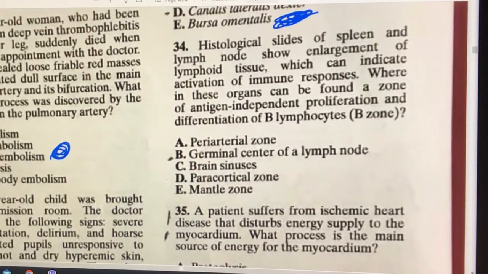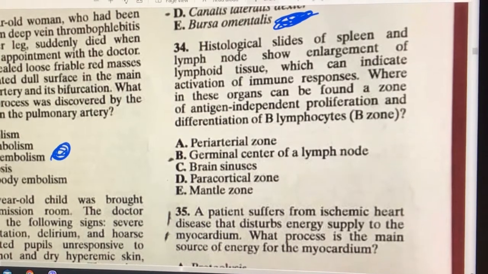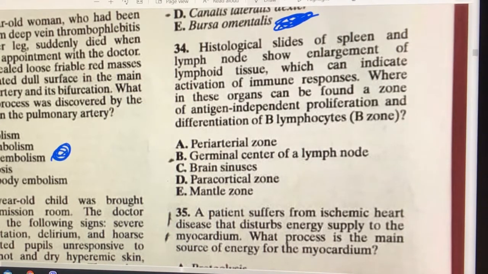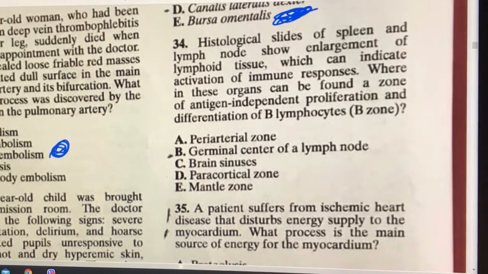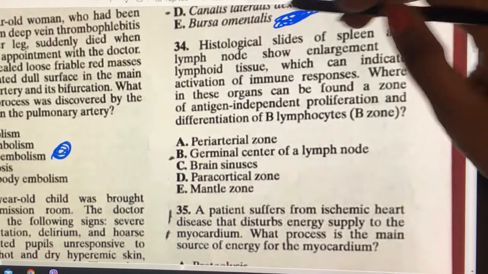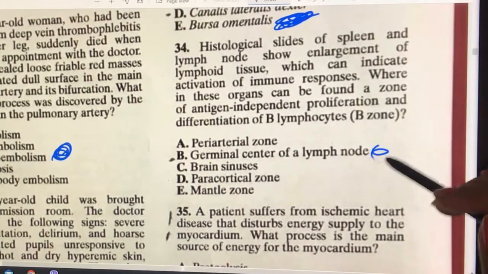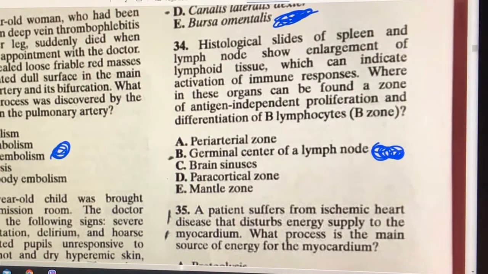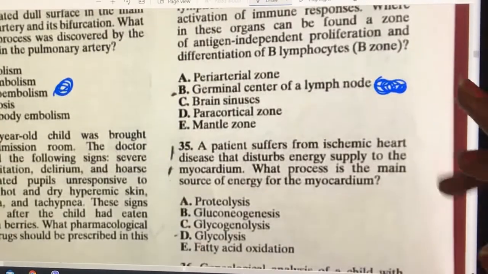Histological slides of spleen and lymph node show enlargement of lymphoid tissue, which can indicate activation of immune responses, wherein these organs can be found the zone of antigen-dependent proliferation and differentiation of B lymphocytes, B zone. This is like the germinal center of the lymph node, where antigen-dependent proliferation and differentiation of B lymphocytes is occurring.